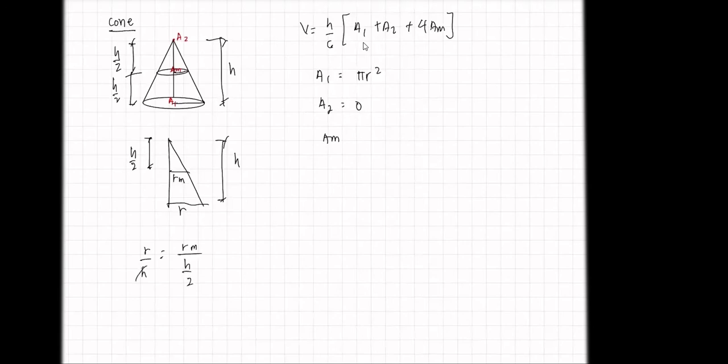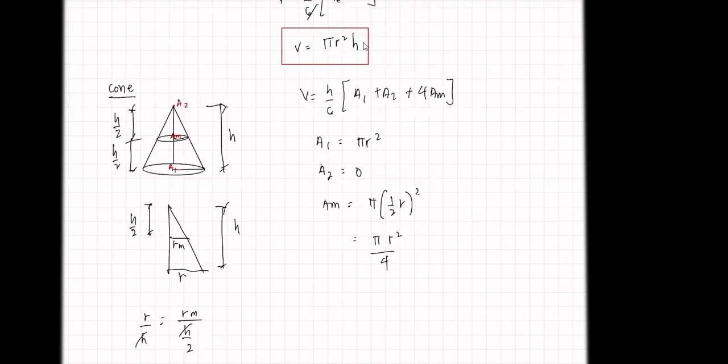So, cancel natin yung h. We have r is equals to 2rm, o yung rm daw natin is equals sa 1/2 daw ng value ng radius. Okay? So, yung area natin, since circle din yun, pi times 1/2 r squared, so pi r squared over 4. So yun yung AM natin.